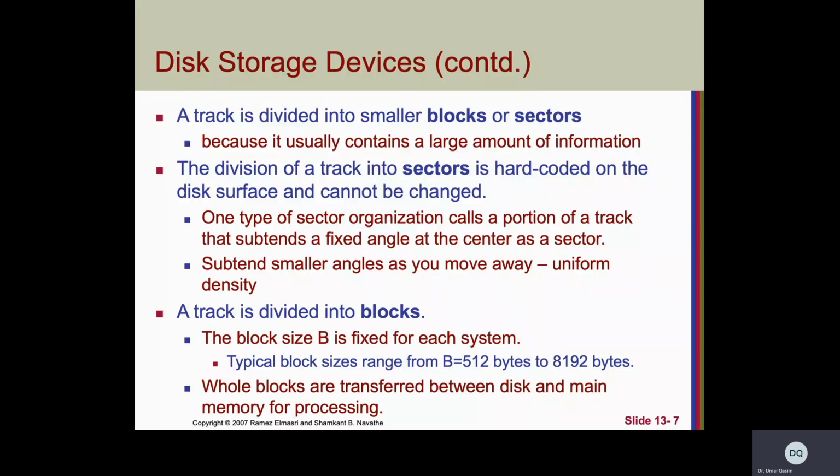So a track is basically divided into blocks. The block size B is fixed for each system. And a typical block size is from 512 bytes to 8,192 bytes. So you will have numerous blocks in one sector.